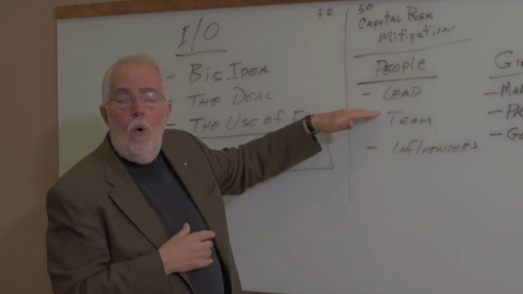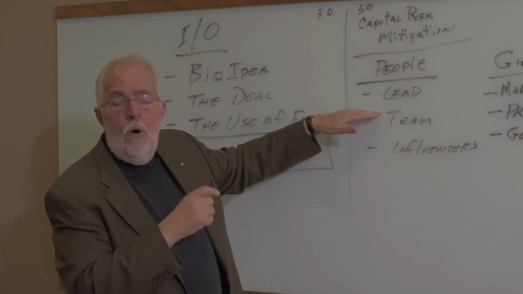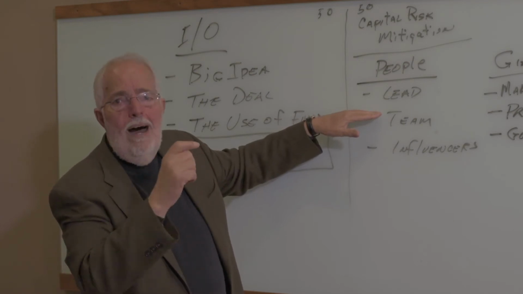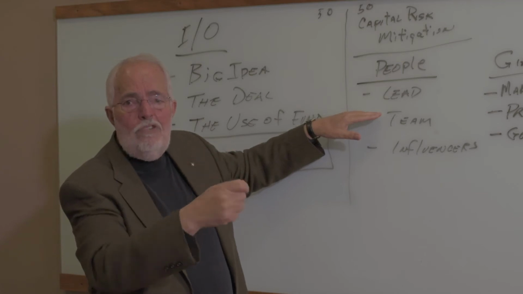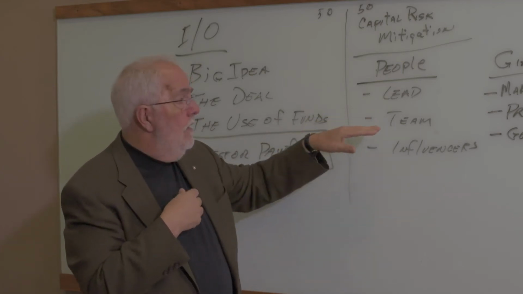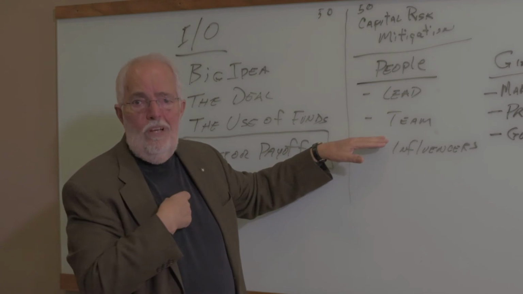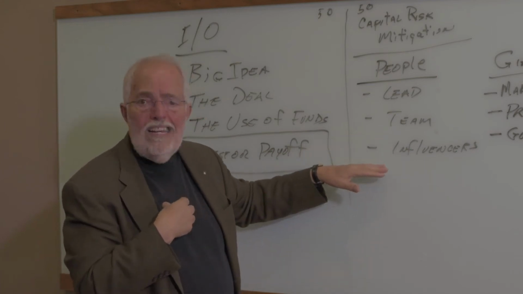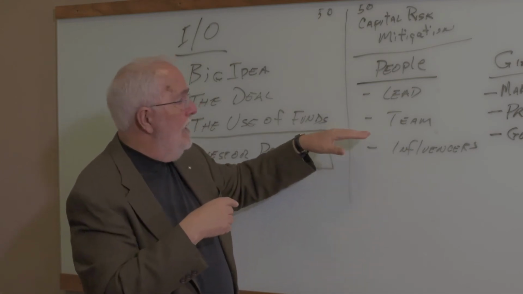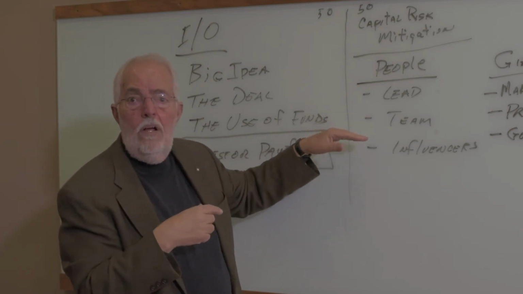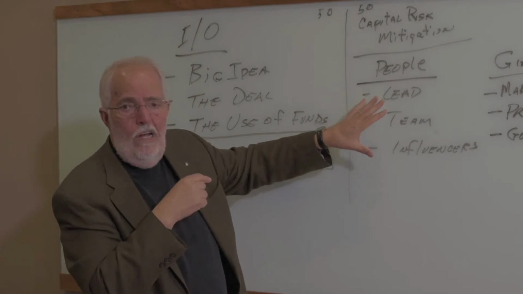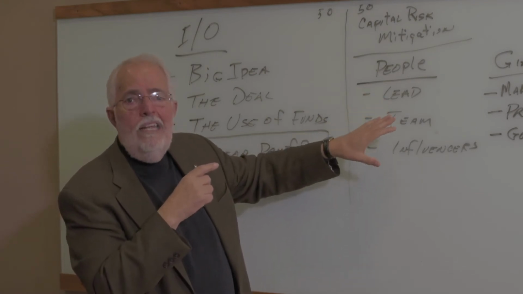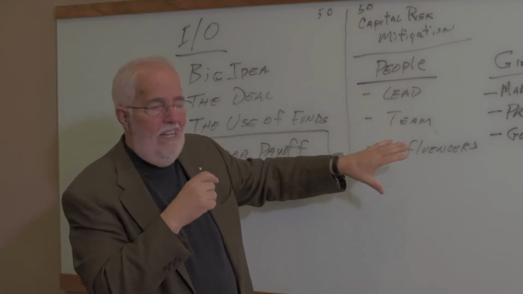So quickly, why should my leader, the biggest risk, be trusted with my money? Why should your team be trusted with my money? Why should the influencers that are going to affect the behavior of these people be trusted with my money? So I'm really focused on what have you done to mitigate the people risk.